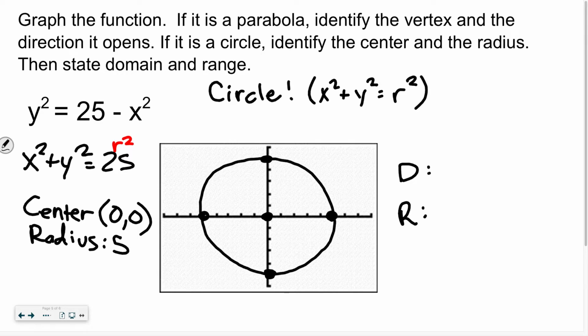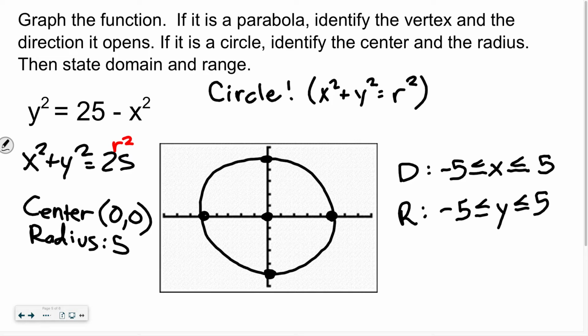The lowest x is -5, which must be less than or equal to x, which must be less than or equal to 5. So always put the lowest number left, and they're both less than, so they don't change. So that says in between. And what about y? Same thing. Yep. So that's kind of like a new domain and range that we really haven't encountered yet, where it's stuck between two things. It doesn't have the arrows.